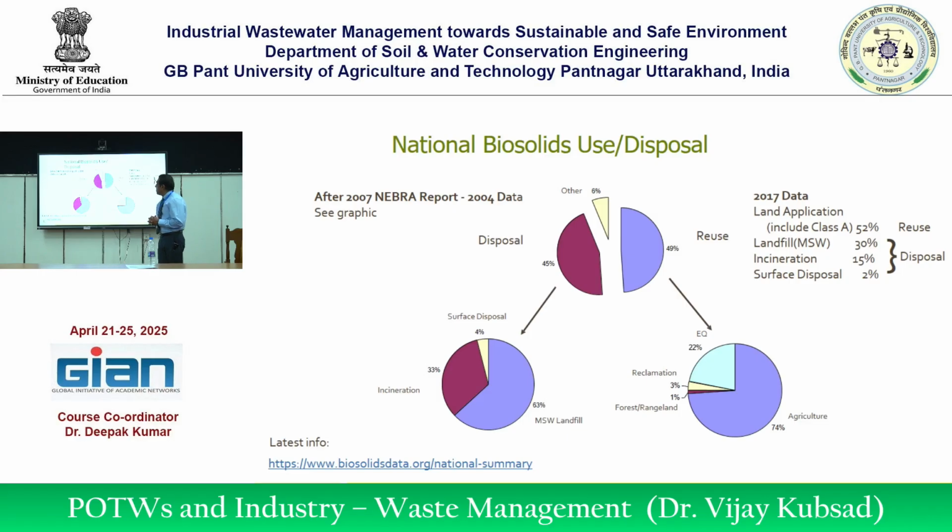There is some national biosolids use and disposal. The one report I have referenced shows surface disposal 33%, 45%, and 22%. Is it? I think this number is messed up here somewhere.